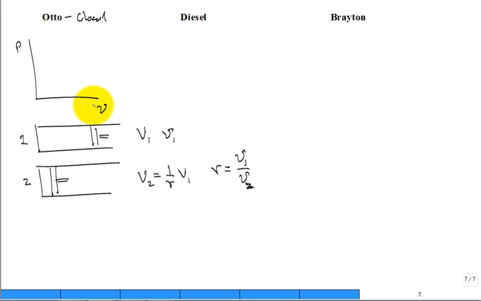So a lot of times we could start and visualize. State 1 lines up here at low pressure, high specific volume, and then state 2 lines up there. We typically have a nice curve upward. It's not a straight line from state 1 to state 2. At the end of the compression stroke, it's very hot. It's very high pressure. Why is it hot?